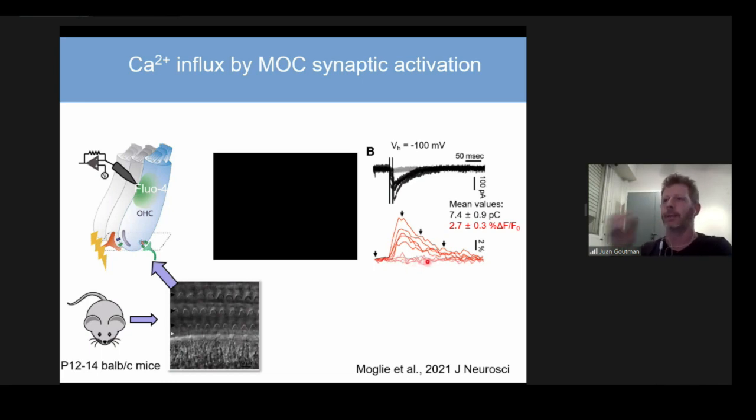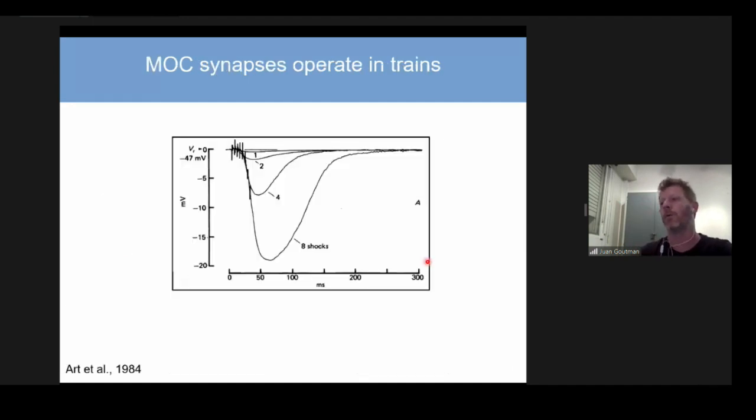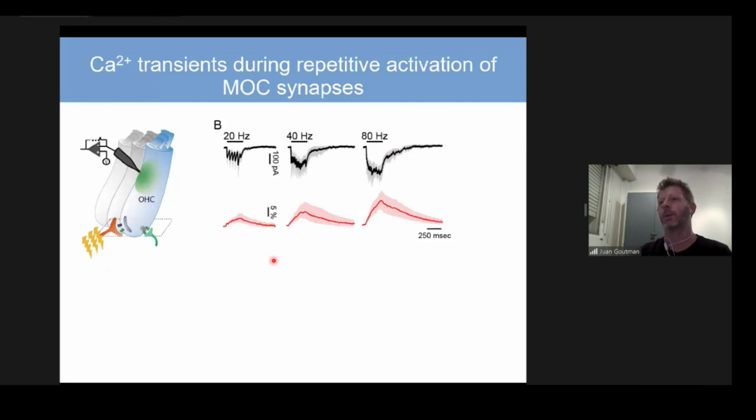This again is using a very brief and discrete stimulus pattern. But we know from the literature and even our own work that this kind of synapse operates in trains. It operates repeatedly, and the longer the train, the more inhibition it produces in the hair cell. So we decided to look at the calcium transients applying trains at 20, 40, and 80 hertz.